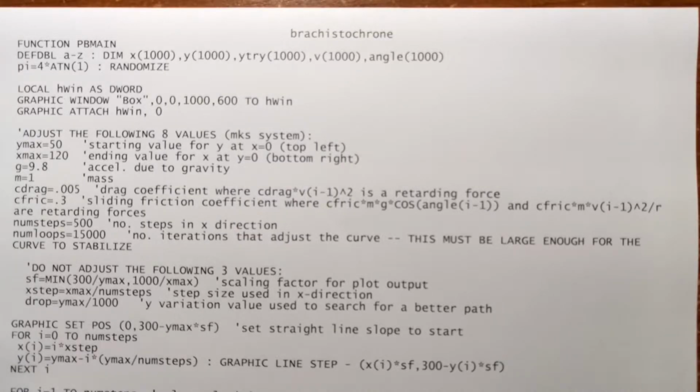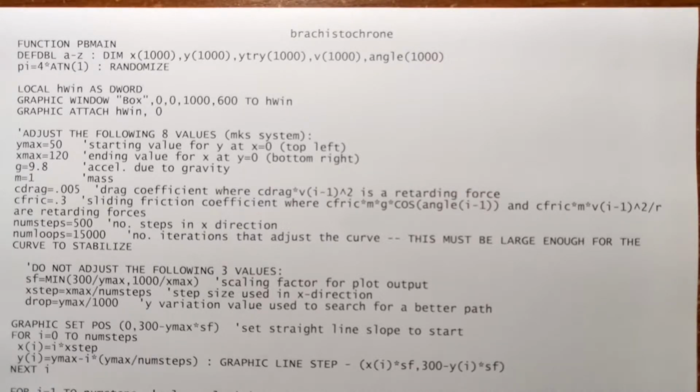This is the program I wrote in Power Basic to model this problem. It uses very small random perturbations in the initial straight line slope to search for a curve with a lower time. When found, the slope is plotted below the initial straight line slope. Then this process is repeated many times and achieves better and better curves.